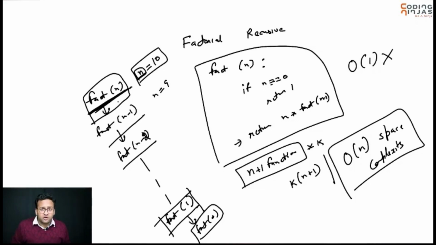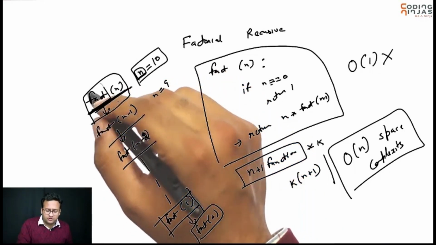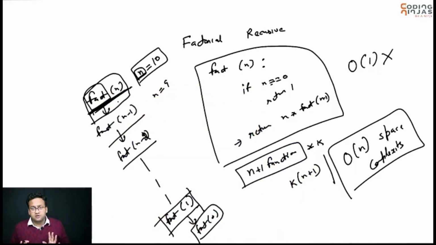And obviously we will not be using recursive function for factorial, we will be using the iterative one. But the cases where we will be using recursion, there the space complexity might not be too bad, or the code that I am able to write using recursion might be so elegant compared to the iterative one, that I am okay to compromise on a little bit of space, right?